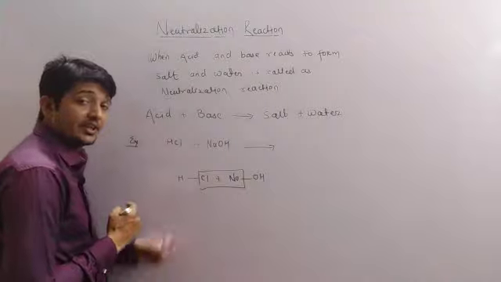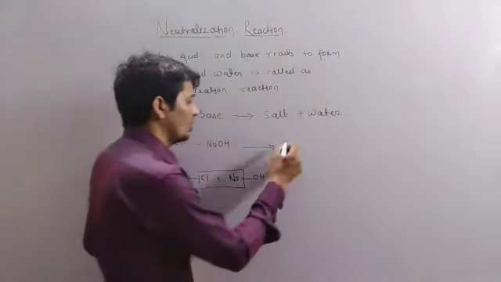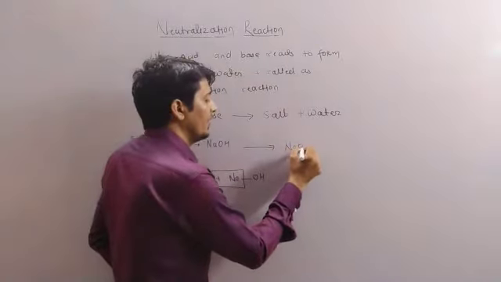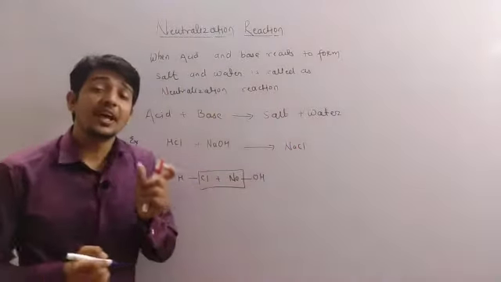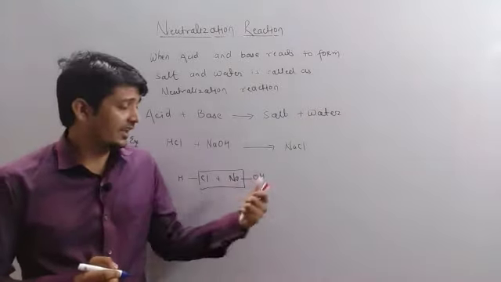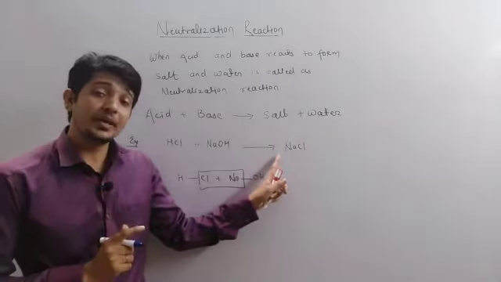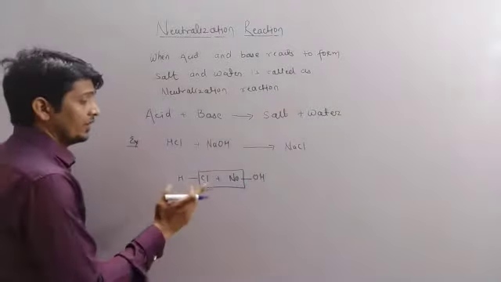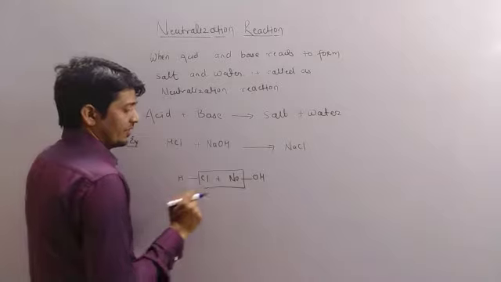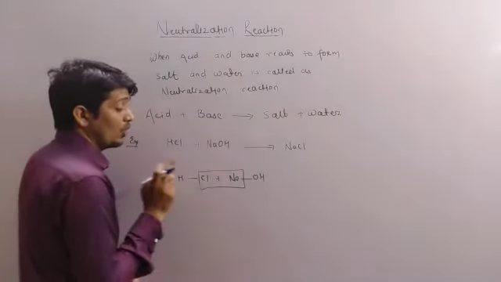It is NaCl, that is the salt, sodium chloride, that we use every day in our diet. The salt we use in food, that is NaCl, right. We also call it table salt.